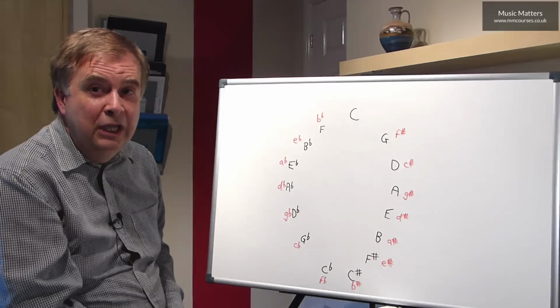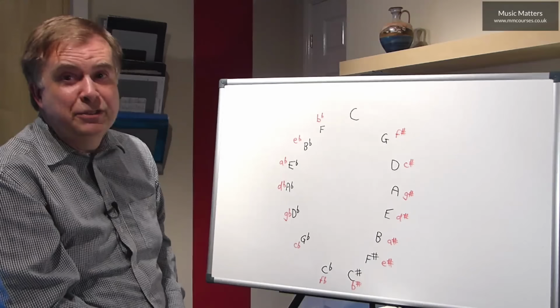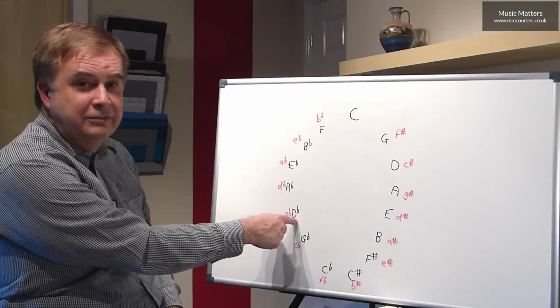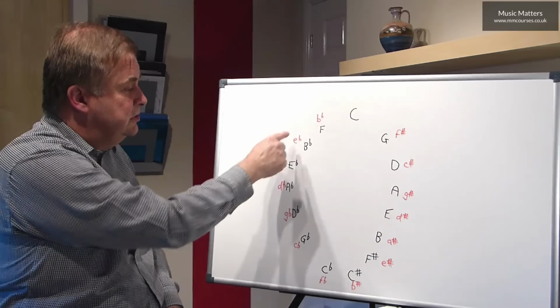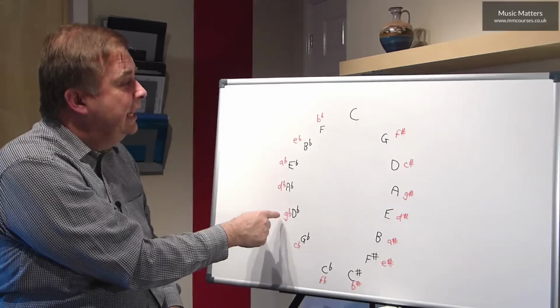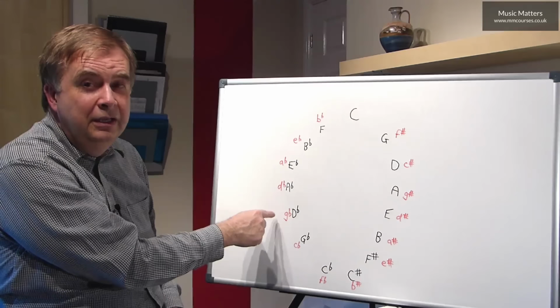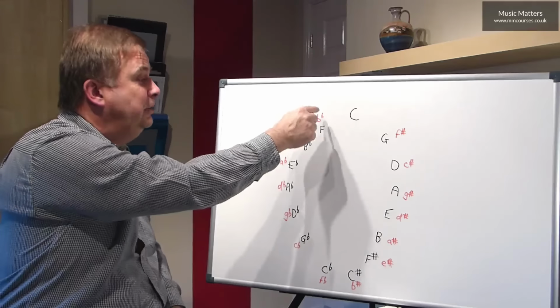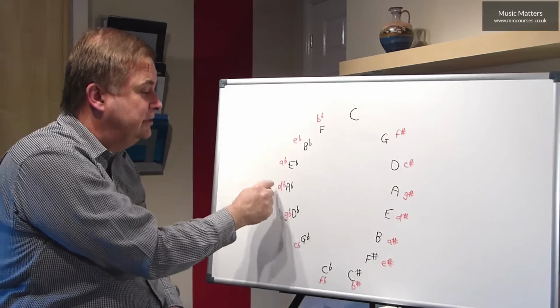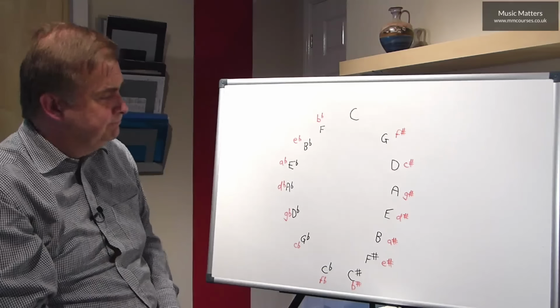If you wanted to know what the key signature for D flat major is, you'd find D flat over here, and you'd immediately see that it has 5 flats. 1, 2, 3, 4, 5. And you can see what those flats are, and you can see the order that you need to put them in the key signature. B flat, E flat, A flat, D flat, G flat.